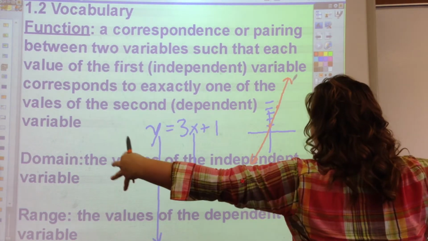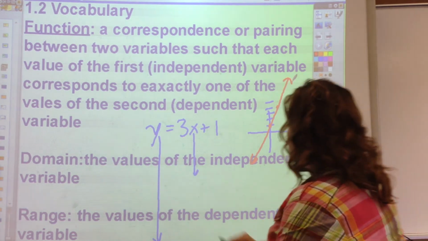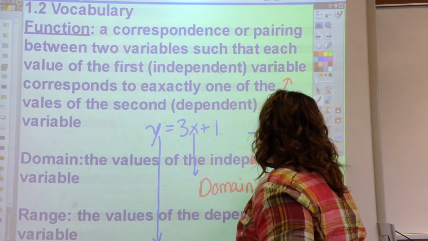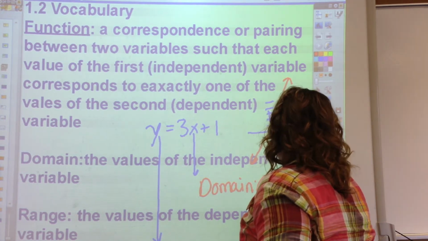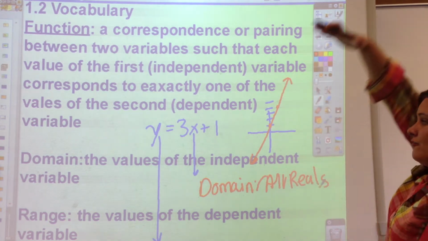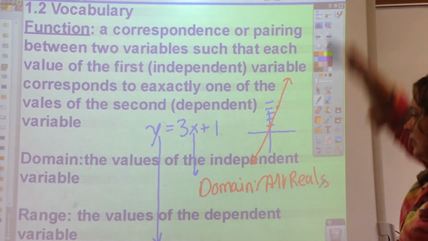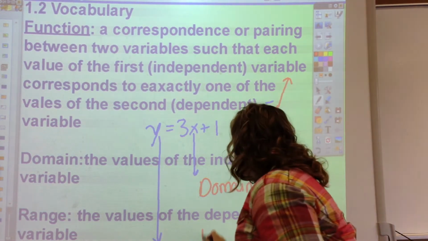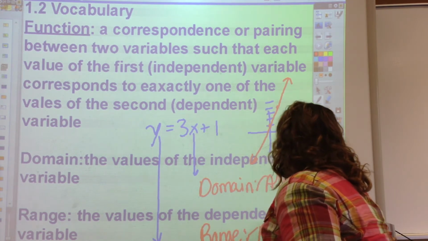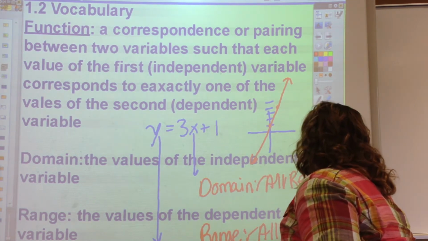X would continue forever in both directions. So my domain would be all reals. All real numbers are in this domain. For the range, it's graphed vertically forever. So again, your y values could be anything. So your range is also all reals.